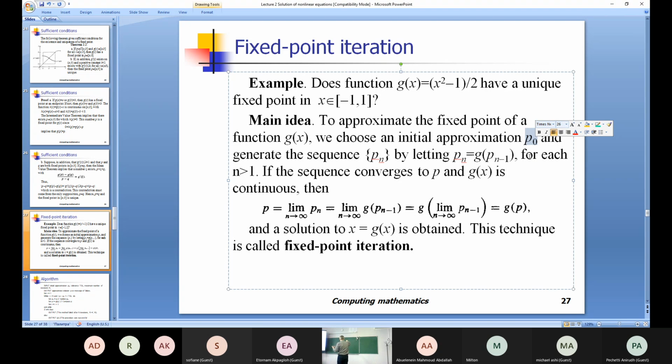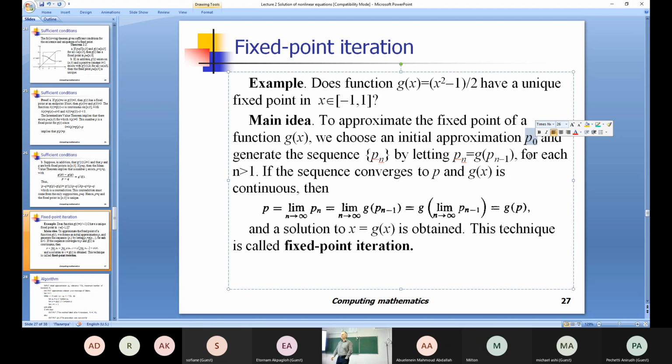We select the first point, and after that the rule of generating the next point is very simple: pn equals g of p n minus 1. We just substitute p0 here and get the next point. After that, we use p1, get p2, and so on.